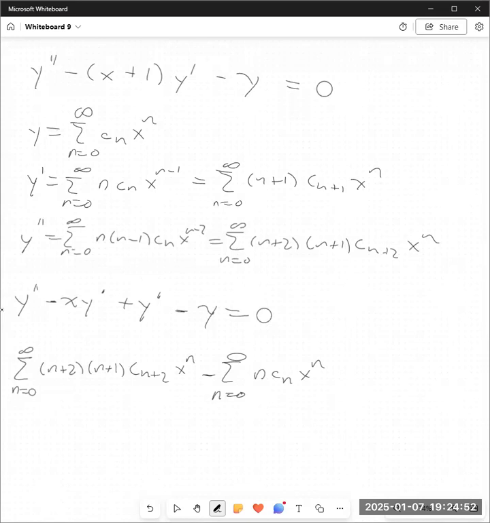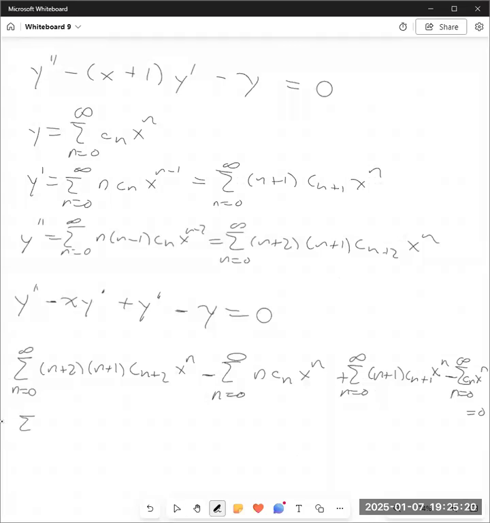And then plus y prime. So I'm going to add this form over here, the sum from n equals 0 to infinity of (n plus 1) c sub n plus 1, x to the n, minus regular old y, the sum from n equals 0 to infinity of c sub n x to the n. That all needs to equal 0.